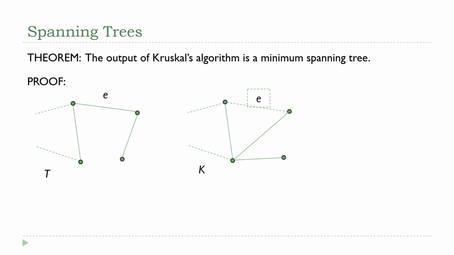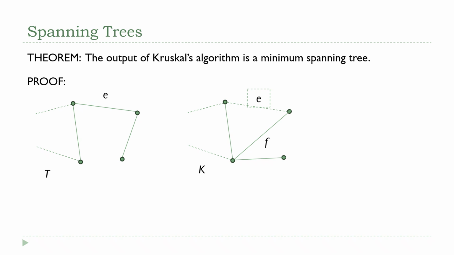Adding this edge creates a circuit in K. Now I'm going to let F be the edge in that circuit that isn't in T. Right? And such an edge has to exist, because if it was in T, then T would have a circuit. Right? But T doesn't. So there has to be an edge in K, specifically in this circuit, that's not in T.